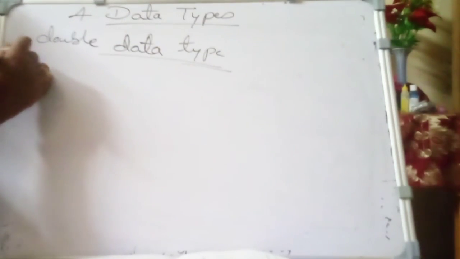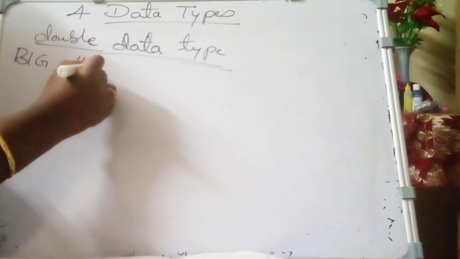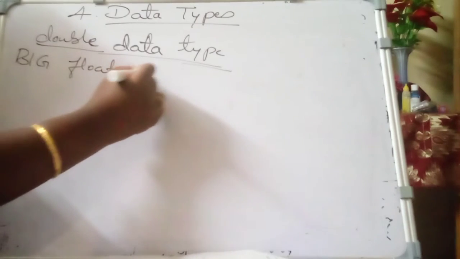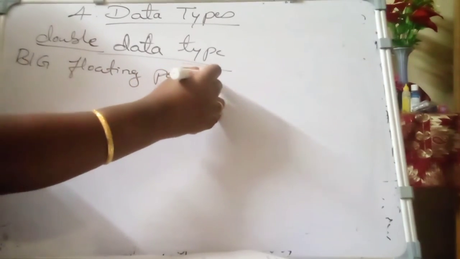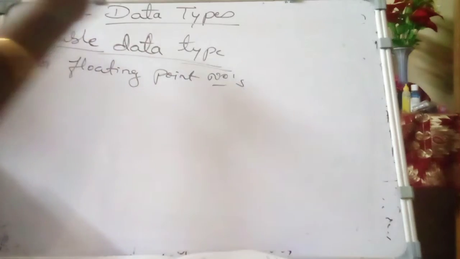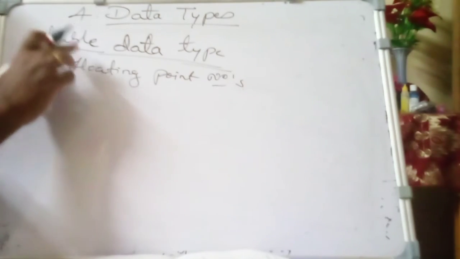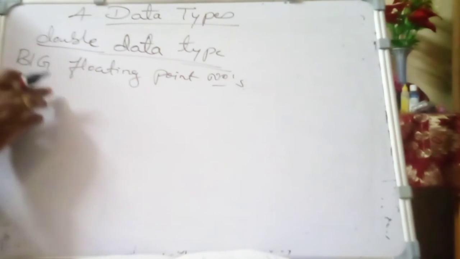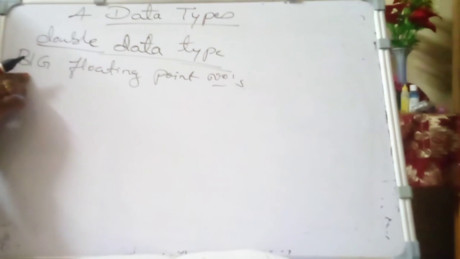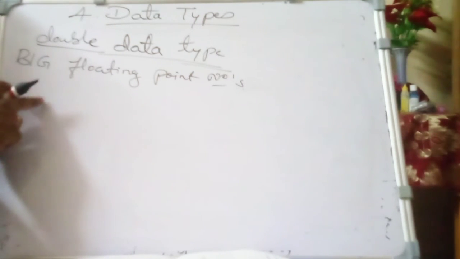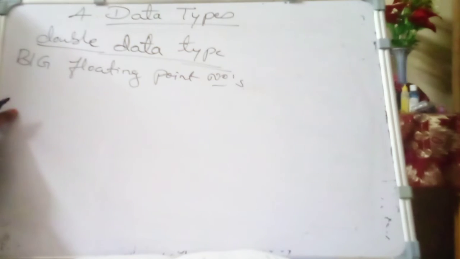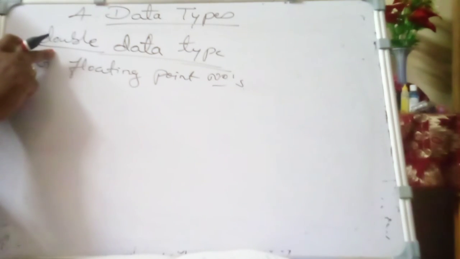It is a keyword used to define big floating point numbers, which have higher precision, more than 6. To represent higher precisions, we make use of this double. Both positive and negative big floating point numbers can be stored using this double data type.